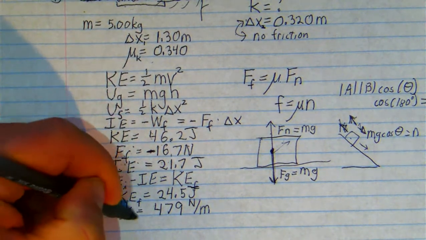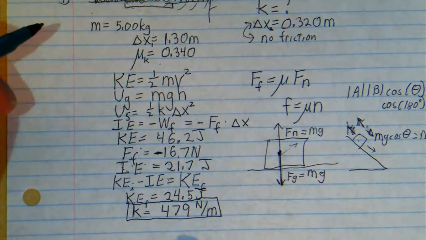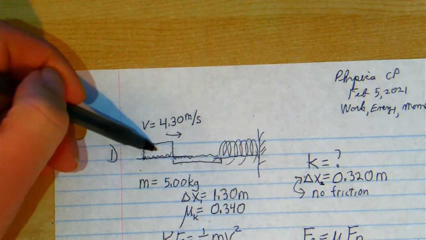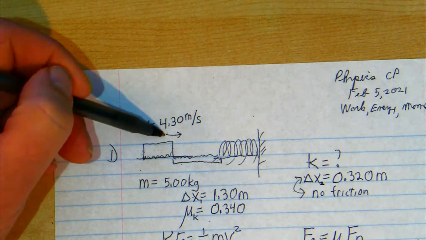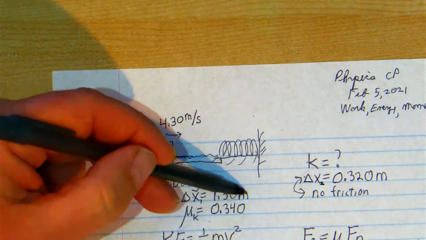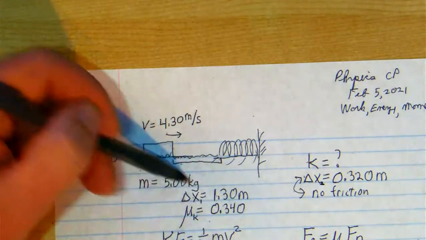So at long last, this ends the first physics problem that we started today. The problem was, I have this 5 kilogram block. It starts at 4.30 meters per second. There's no friction until it gets to a patch that is 1.30 meters long, where the coefficient of kinetic friction had a value of 0.340.